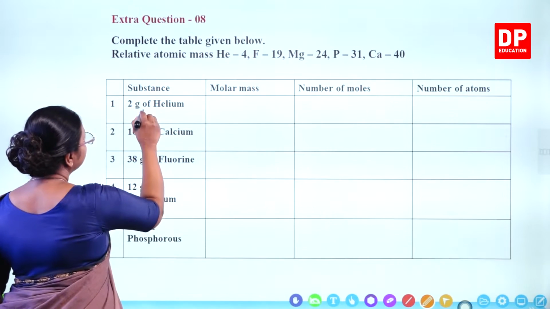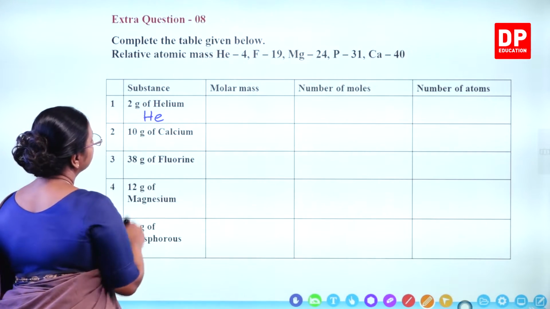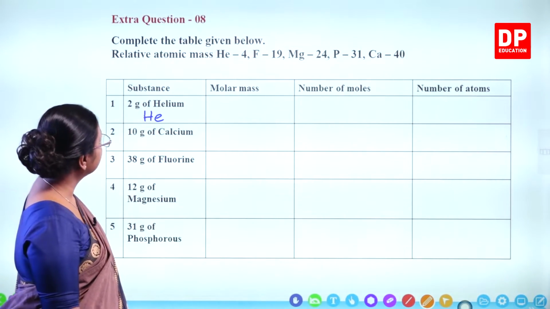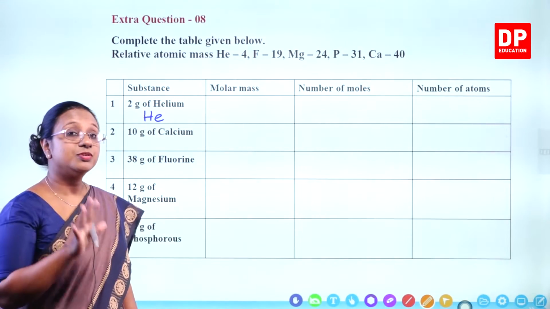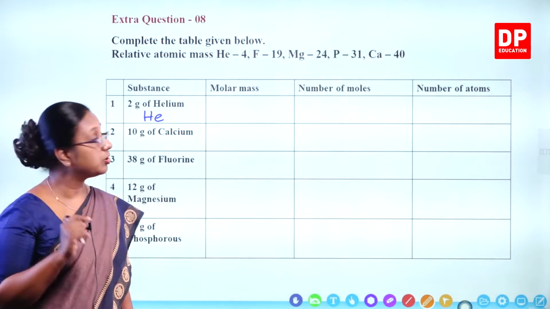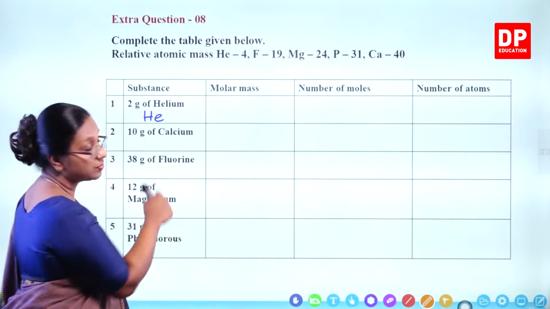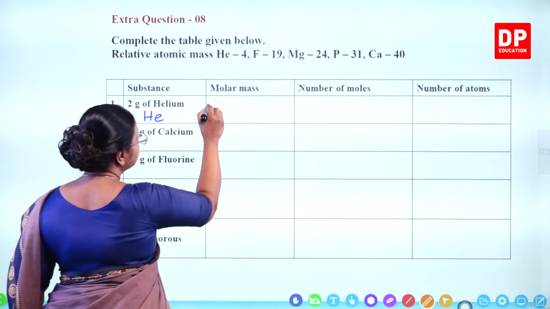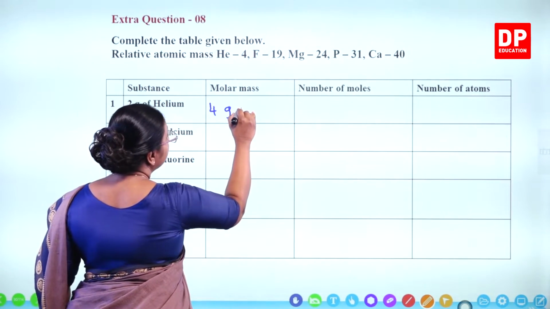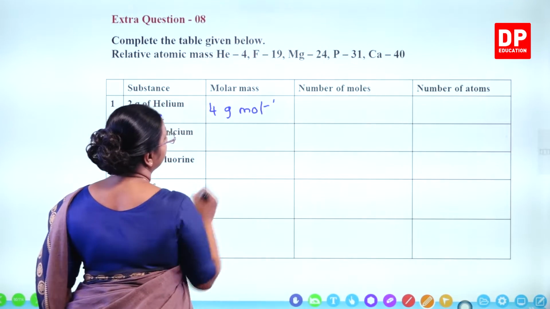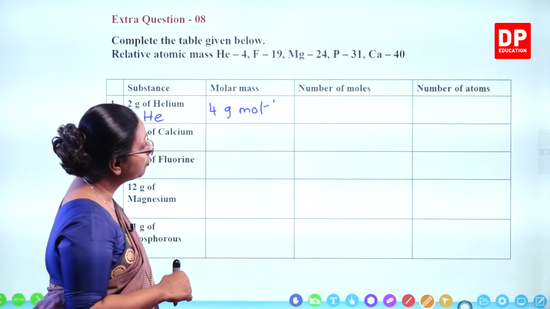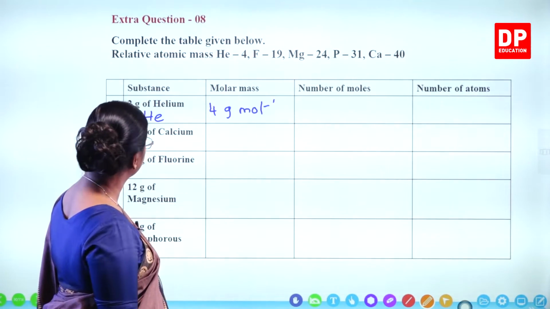Now we will write the chemical formula or the symbol here. Helium is He. So that is an atom, a monoatomic gas. So what is the molar mass? Helium is 4, relative atomic mass. So this has to be 4 grams per mole. Then number of moles and number of atoms.